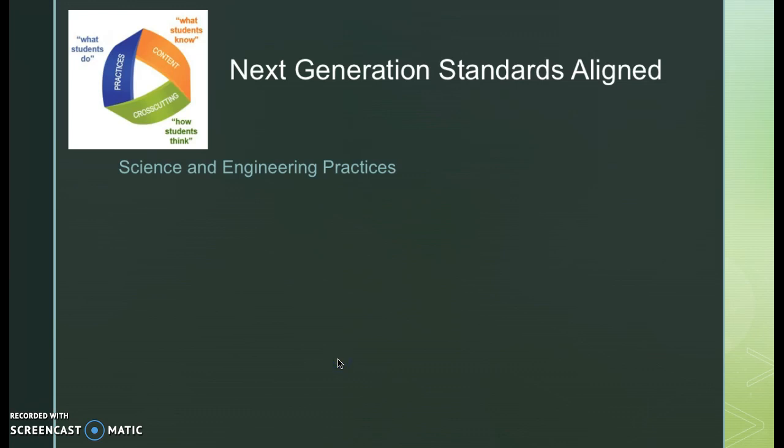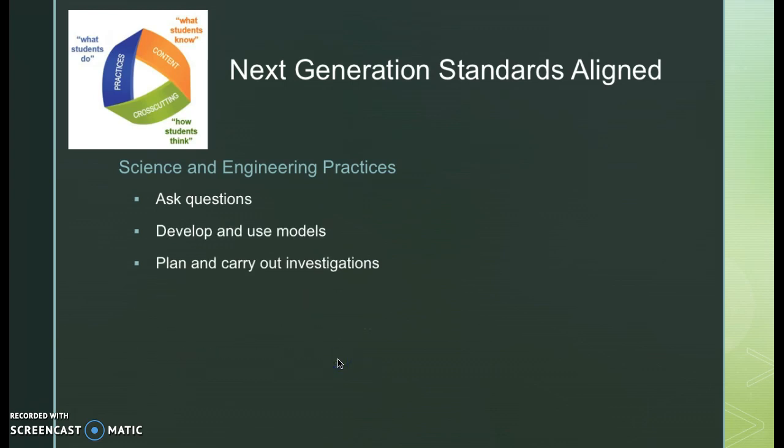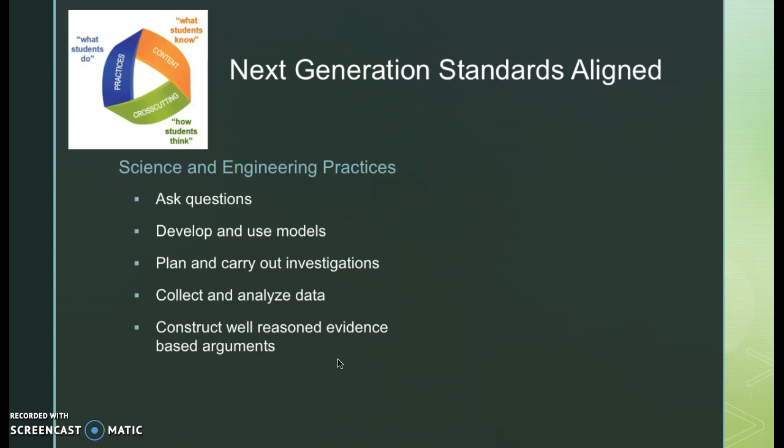Science and engineering practices that apply to this lesson include asking questions, developing and using models, planning and carrying out investigations, collecting and analyzing data, constructing well-reasoned, evidence-based arguments, and obtaining, evaluating, and communicating information.